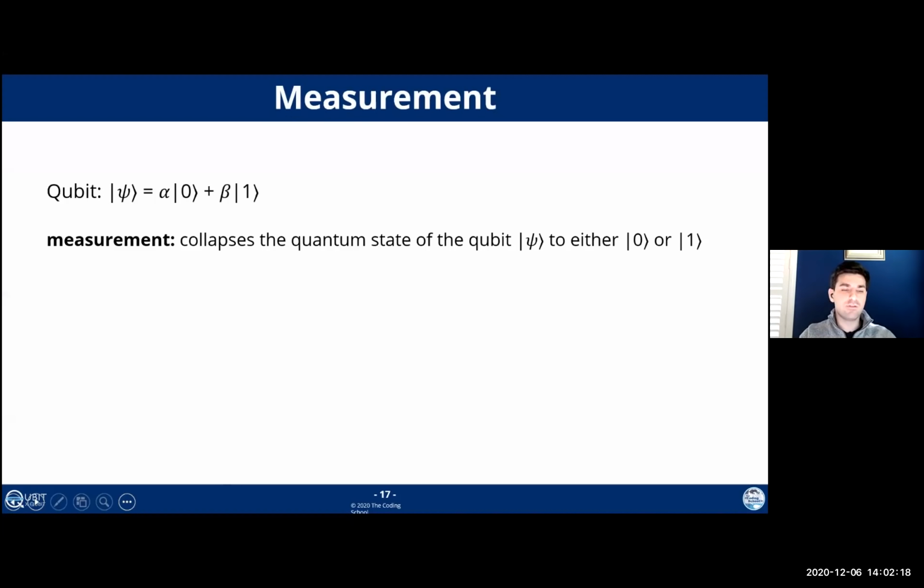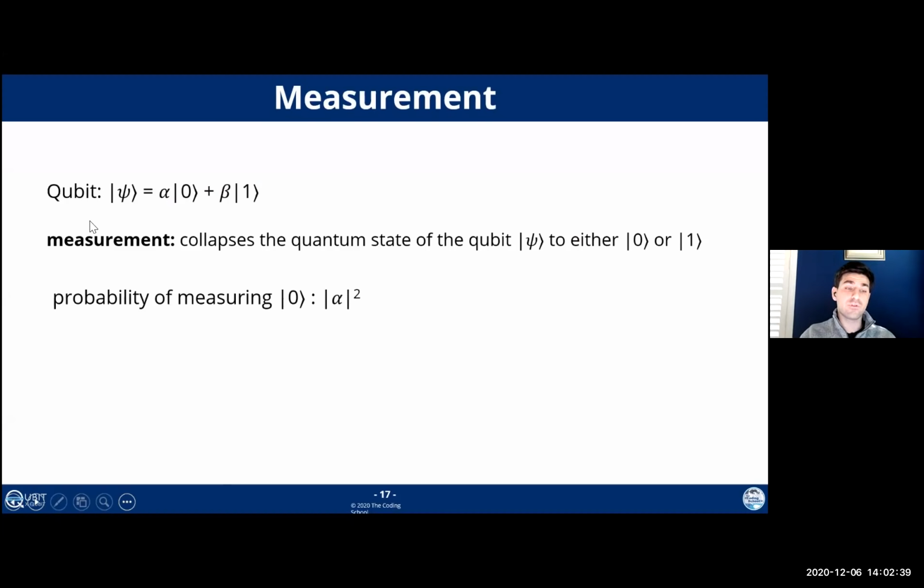And again, if we think of it in terms of our qubit language, if we have a qubit psi, which I can write as alpha times 0 plus beta times 1, once you make a measurement, it collapses the quantum state of the qubit psi to either 0 or 1. Now, in the past, we've talked about this.